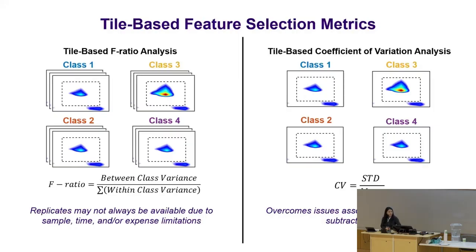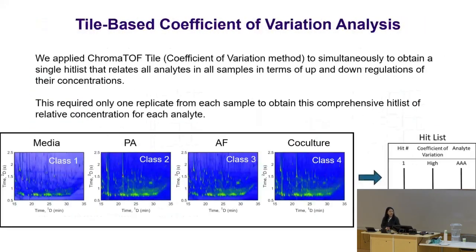To demonstrate, we performed this analysis using one replicate from each of the 4 sample classes. We applied ChromaTOF Tile using the coefficient of variation method to obtain a single comprehensive list, including all the analytes with up and down regulations from each of the 4 sample classes.